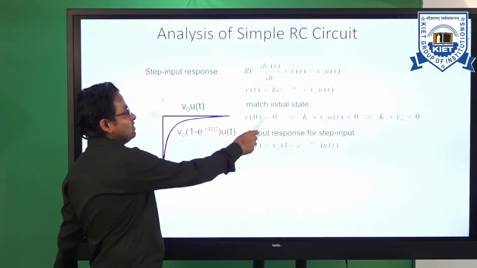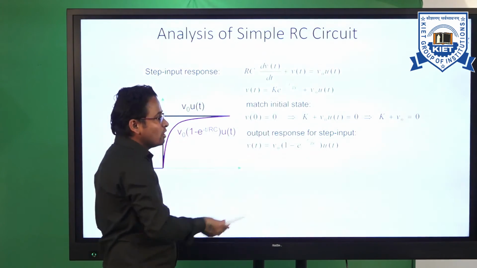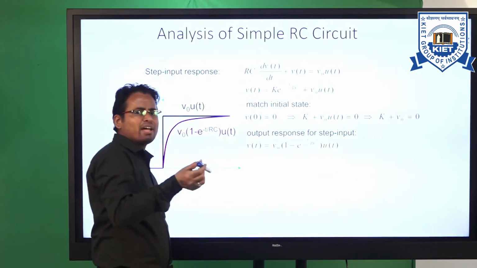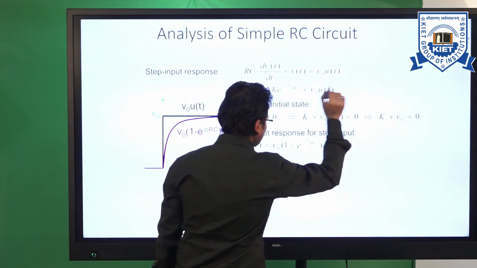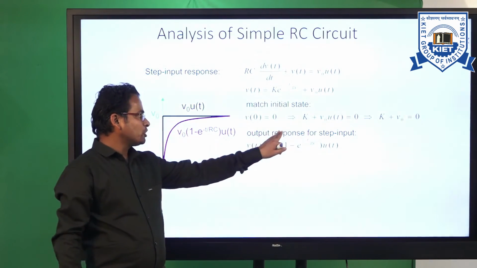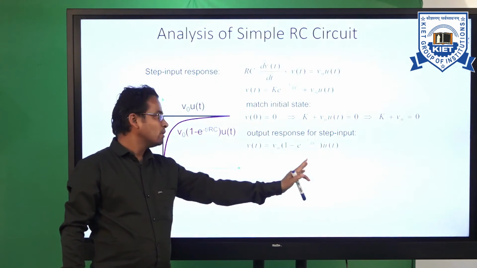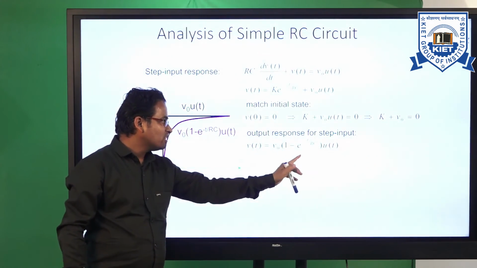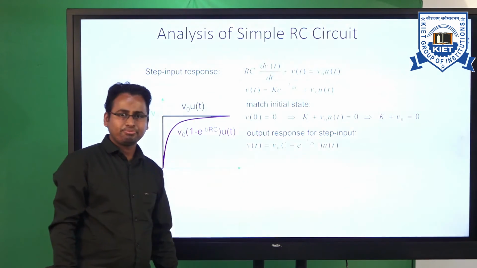So match the initial state. V0 is equal to 0. After applying initial values, we get these constant terms. Okay, K plus V naught is equal to 0. Now the output response for the step input is v(t) equal to V naught times 1 minus e raised to the power minus t upon RC, into u(t).